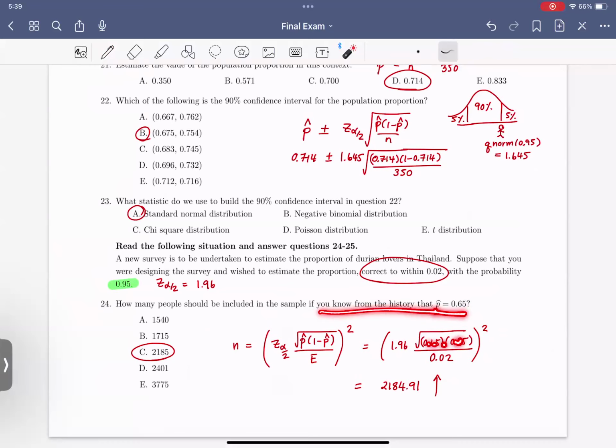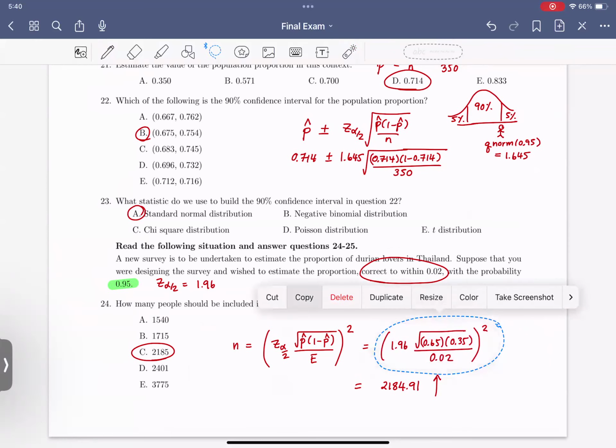We learned from calculus that for the function x times 1 minus x, we have the critical value, the max or min, at the critical value x equal to 1/2. So if you plug in 0.5, it's going to be the worst case.